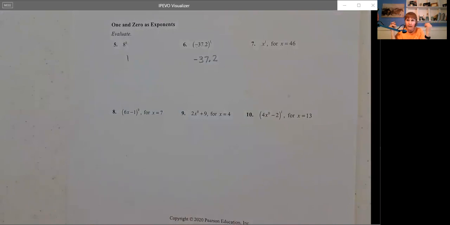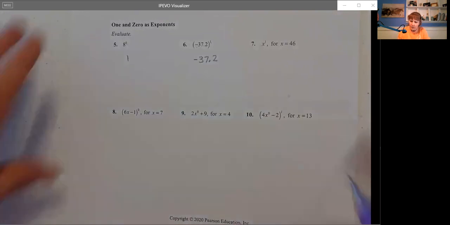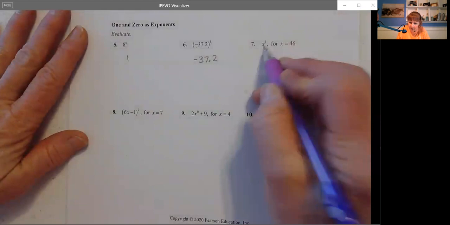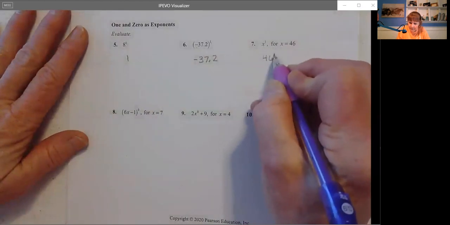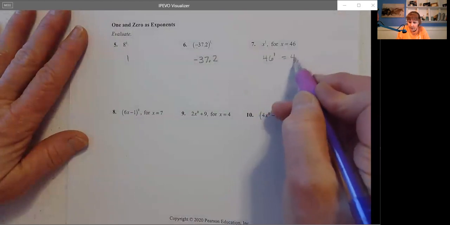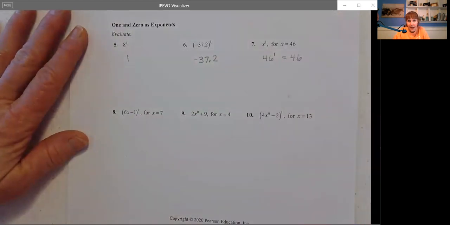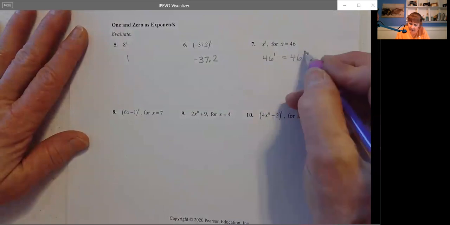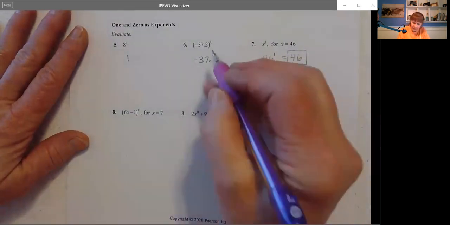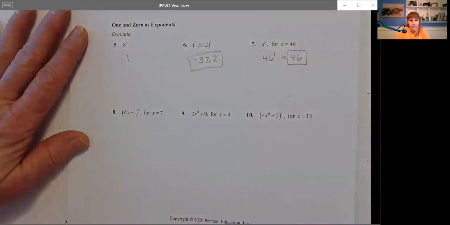What do I do with these negatives? Things like that. So here we're going to put 46 in here. But we know with that 1, we can rewrite it as 46. That means the same thing. This is the answer that Pearson's going to be looking for. All right. And this without that 1 power.